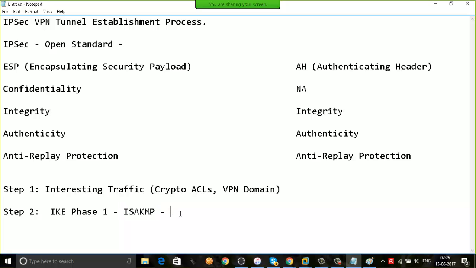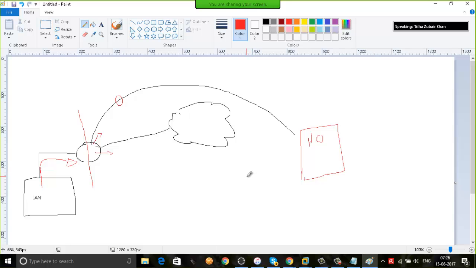And this could happen in 2 different modes. One is main mode, the other one is what? Aggressive mode. So when do we go for main mode and when do we go for aggressive mode?